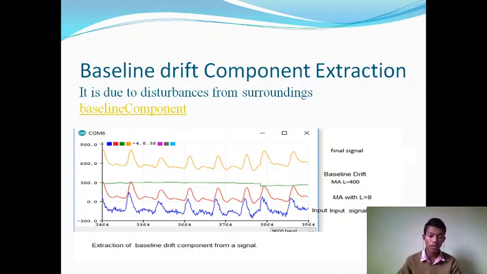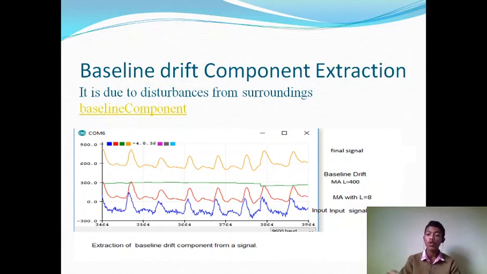Here we are taking the PPG signal. When we are capturing the PPG signal, due to other body movements or due to surroundings, or due to some frequencies in the body, some noise will be added to our signal, which may not change the shape of the signal, but it will add some constant value or some baseline to our signal.